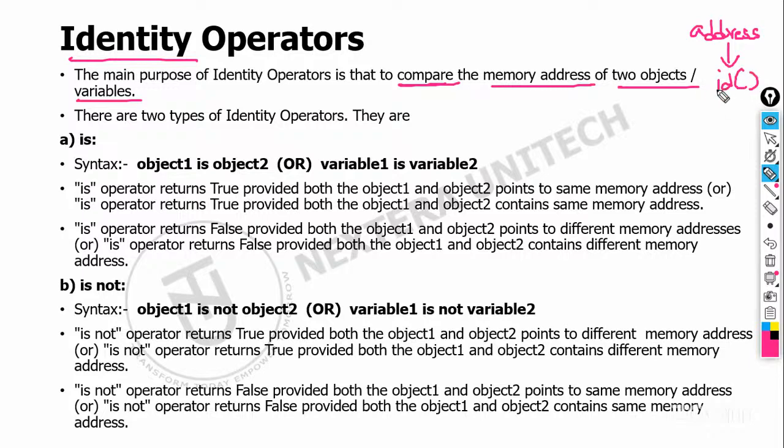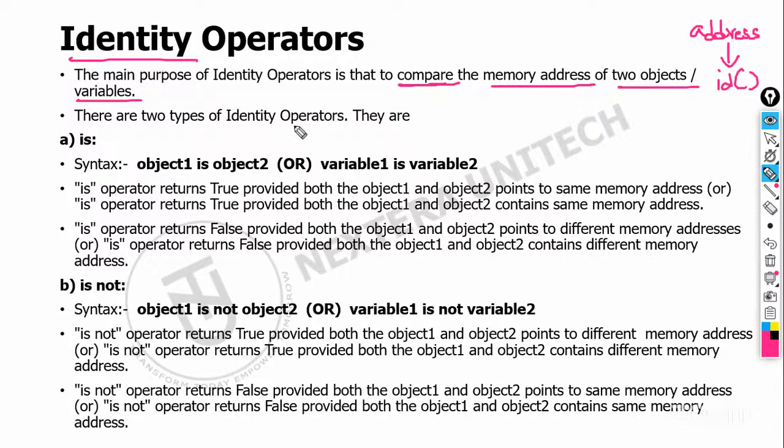I'll use the id function and I'll get the address of an object. So identity operators help us compare the memory address of two objects, two variables.